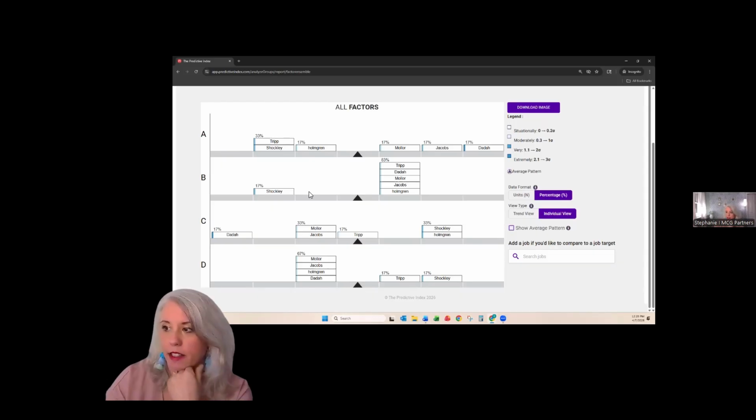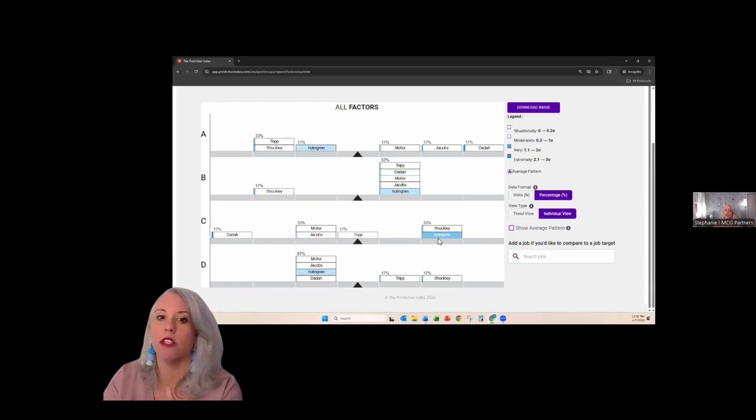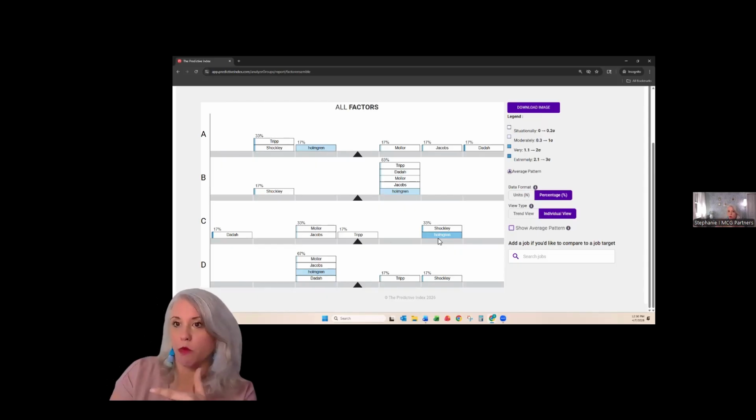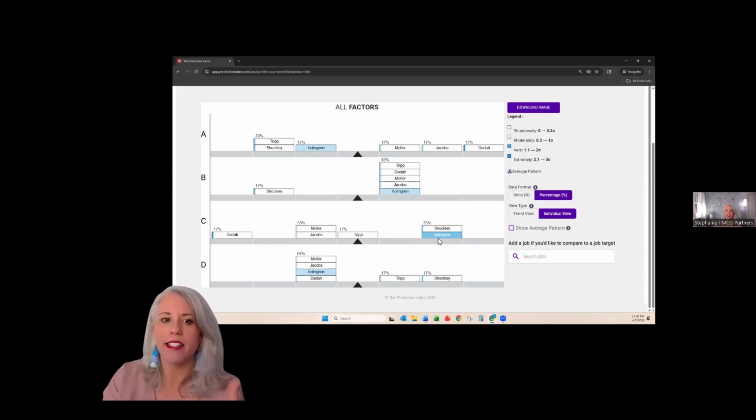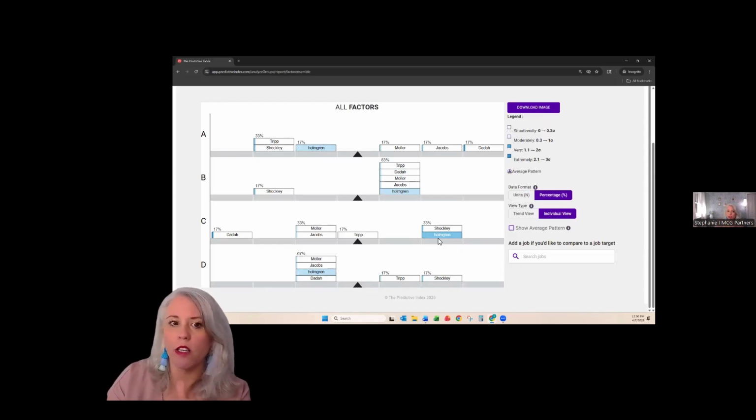C is about pace, right? We can see here how people balance that consistency and stability versus that change and urgency. On our team, we absolutely have a mix, right? Some people, like Frank, are very low in C, which means they're more comfortable moving quickly, shifting priorities, adapting in the moment. Others of us, myself included, are very high Cs, which means we prefer consistency, a steady pace, and time to process before moving forward.